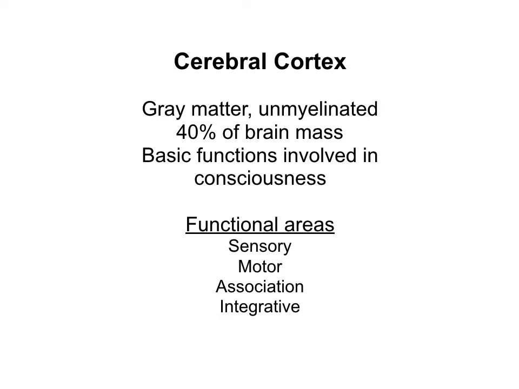The highest level of processing, though, are from your integrative areas. Integrative areas receive information from many different association areas, so they can give you more of a bigger picture. They can tie together the hearing, the vision, the taste, and the smell and give you a kind of a whole body perspective.